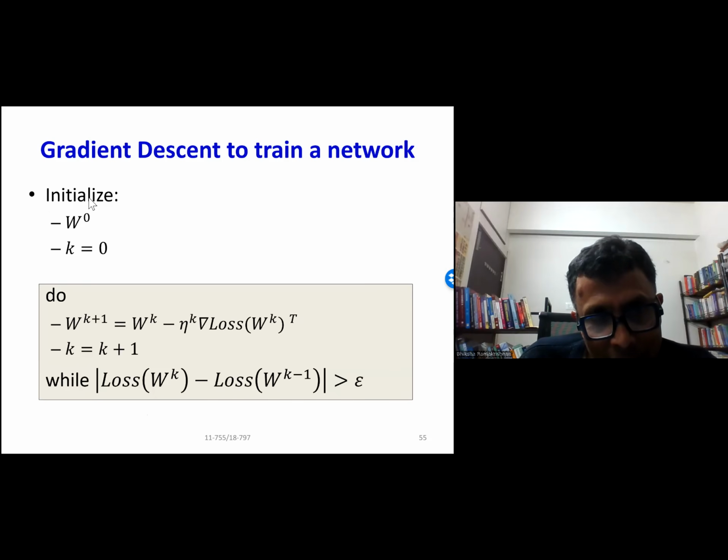You would initialize your neural network parameters, and then at each step, you would find the derivative of the loss with respect to the neural network parameters and update them by taking a step, modifying every one of them exactly against the derivative. And you keep doing this until the loss no longer decreases.